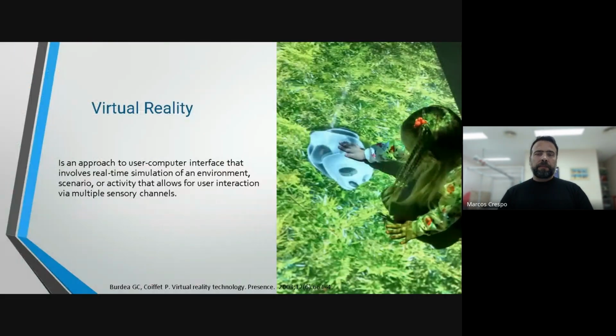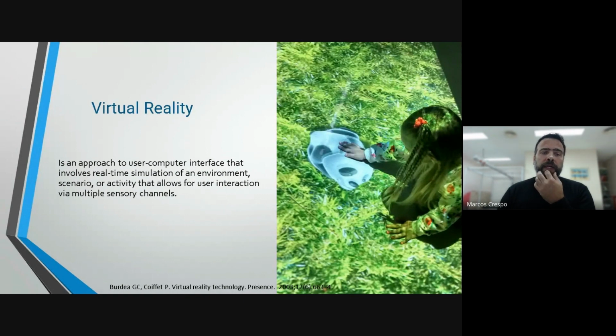Well, we are here to talk about virtual environments and virtual reality. This is a definition, a concept. We know that it's a system that makes an interface between user and computer and involves activities in real time.